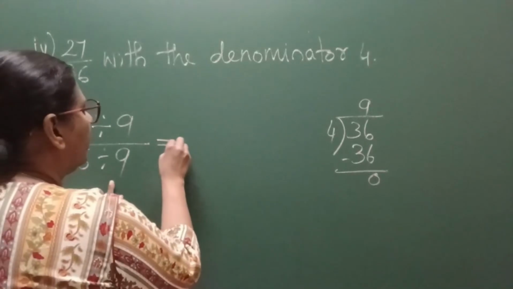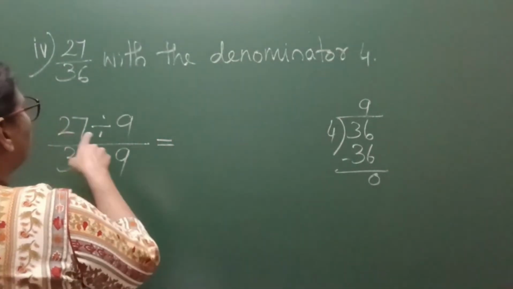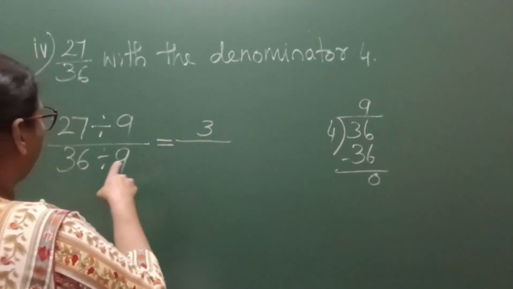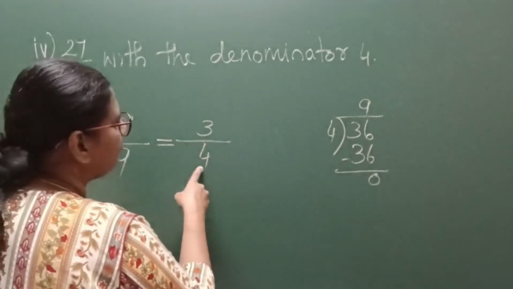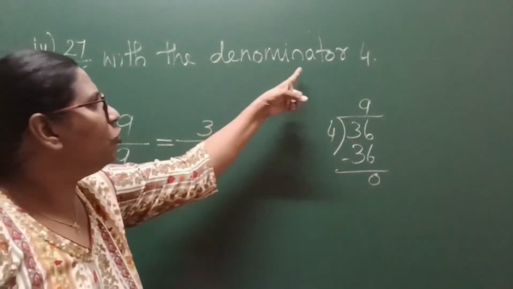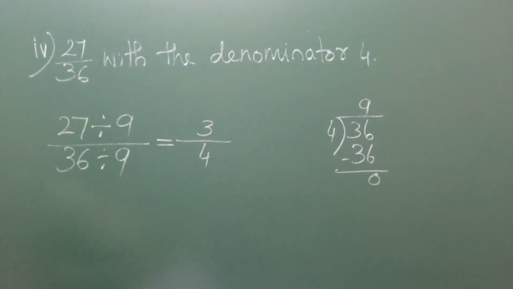So we get the new fraction: 3 nines are 27, 4 nines are 36. So 3 upon 4 is the new fraction with the denominator 4, which we already had in the question.